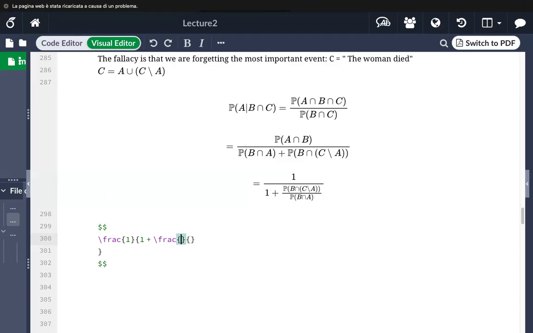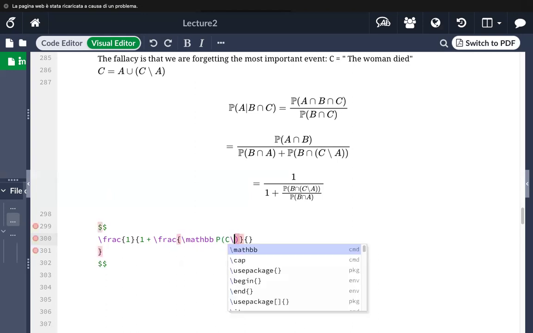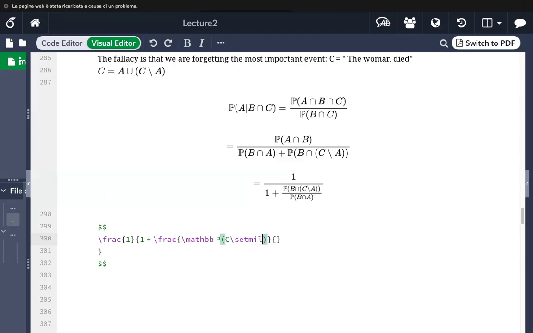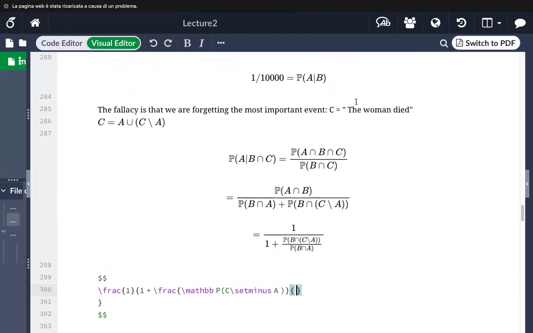Now we multiply and divide by the probability of B, and this is equal to the probability that somebody else killed her divided by the probability of the husband killing her. So the event C is actually that the woman was killed, because we know that she was killed.